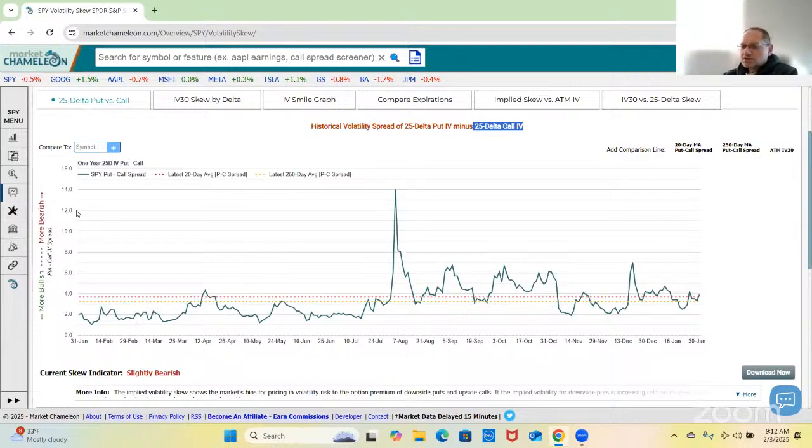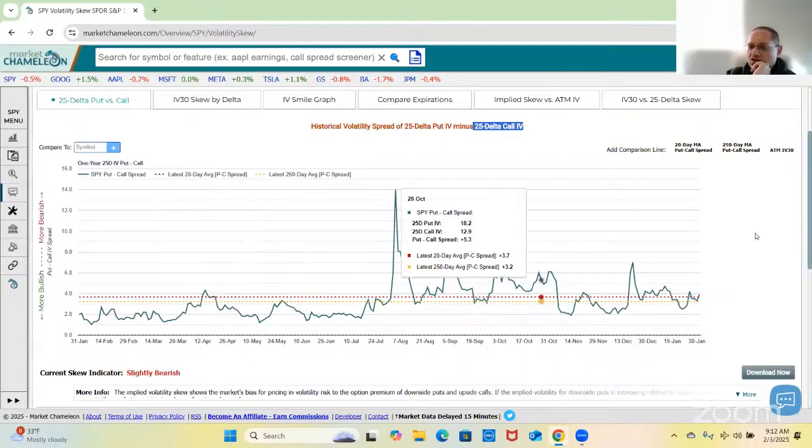And this gives us an indication of how options traders are reading the signals and pricing that skew. So nothing crazy, but it ticked up a little bit over here.